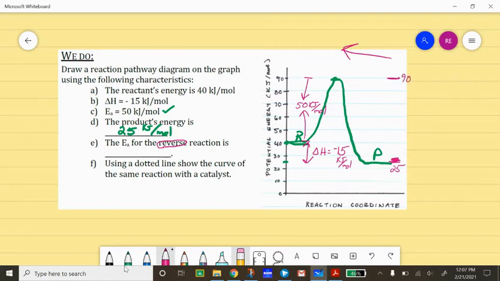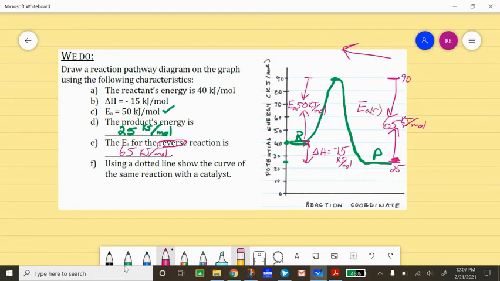So that's going to give us a total of 65 kilojoules per mole. Remember, that's activation energy. I'm going to label this 65 kilojoules per mole, activation energy reverse, R, there we go.